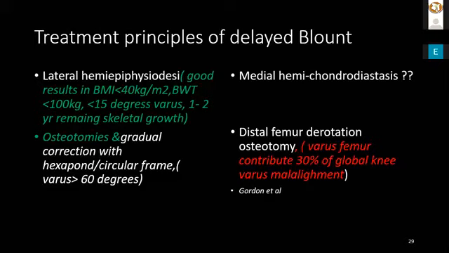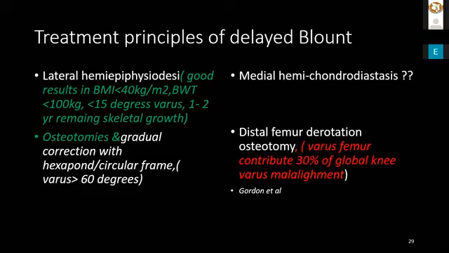Treatment principles of delayed Blount's disease. Those are patients who come late, maybe 10 years. They are usually obese. You can do simple lateral epiphysiodesis. The outcome is usually said to be good in those with BMI less than 40 kgs, and also those with weight less than 100 kgs, and also those who have varus less than 15 degrees.